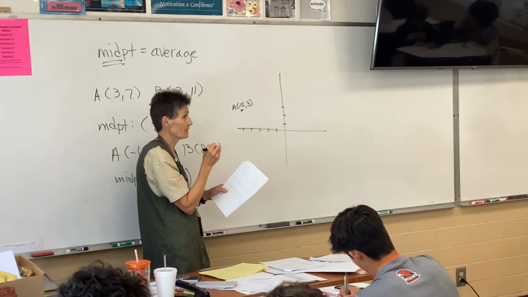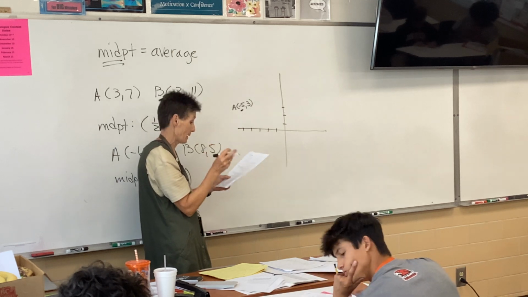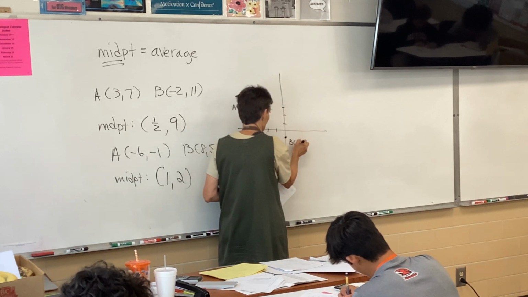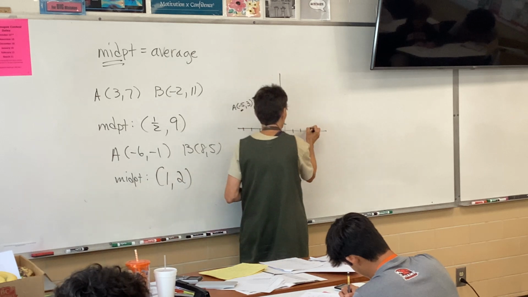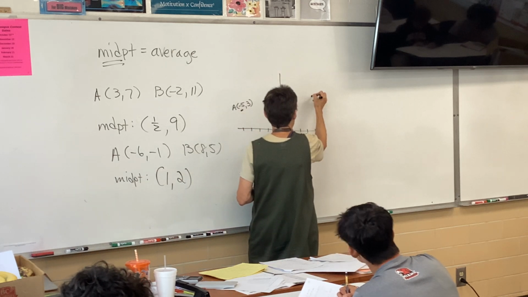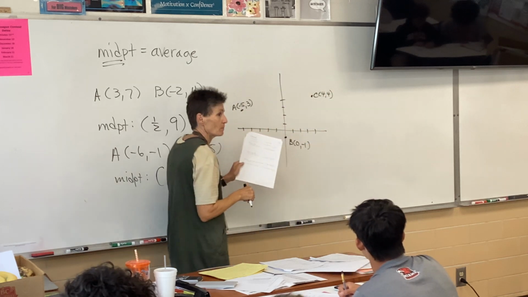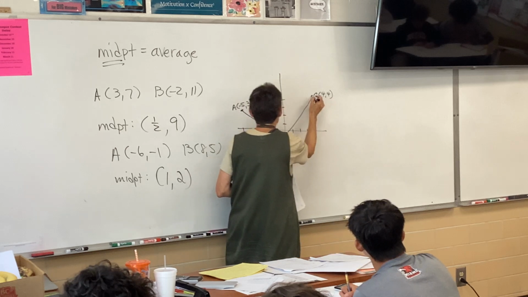I don't want you to feel that I'm babying you, but I also want to make sure everybody's good plotting the point. 0, -1. Doesn't have to be perfect, guys. I know you don't have graph paper there, just whatever. Nice little triangle.